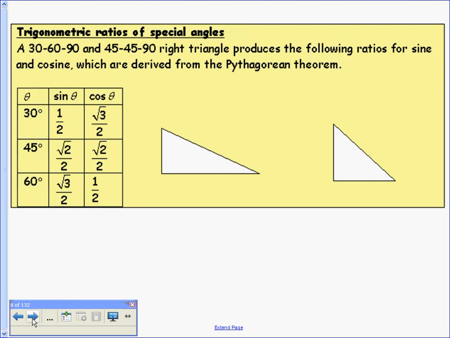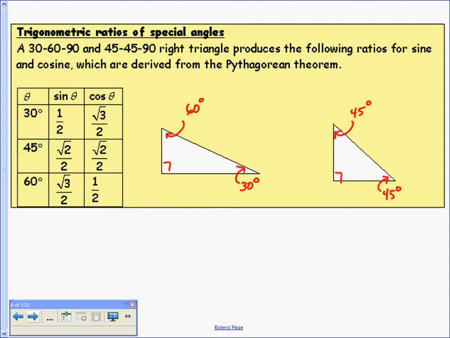Okay, and here's some things you need to memorize. So let's say we have these 30-60-90 and 45-45-90 triangles. So let's say that this is our 30-degree angle, right angle, and this is our 60. Okay, and over here, of course, our 90, and then our 45, and our 45.